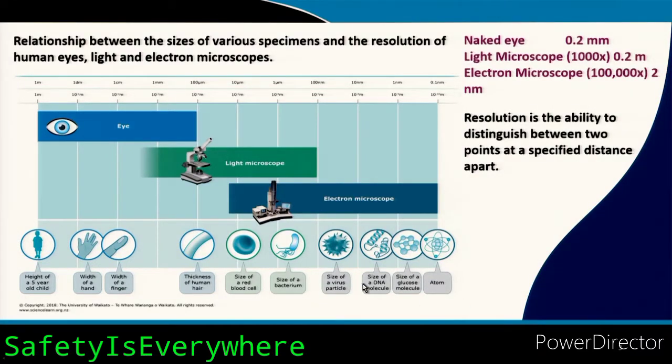So, as I said, after the bacterium, the smallest biological particle would be a virus particle. These viruses can range from anywhere from 15 nanometers. The smallest virus that is currently known is called the porcine circovirus type 1. It has a capsid diameter of 17 nanometers.